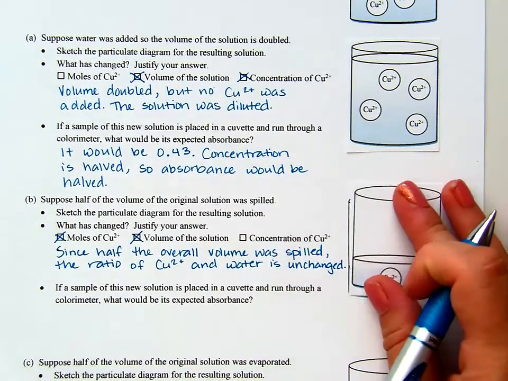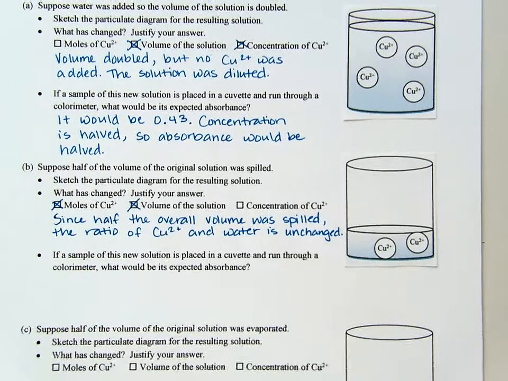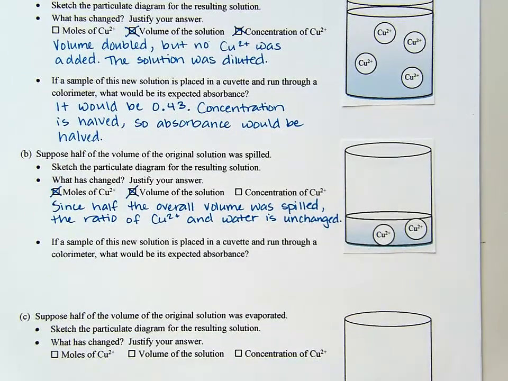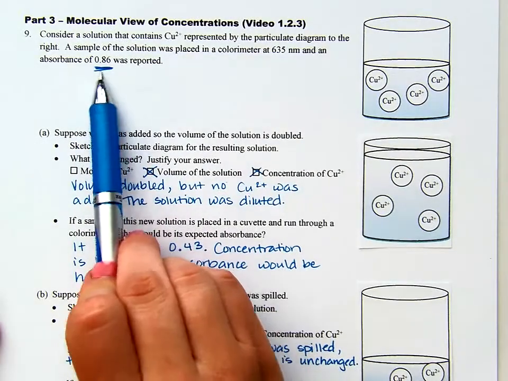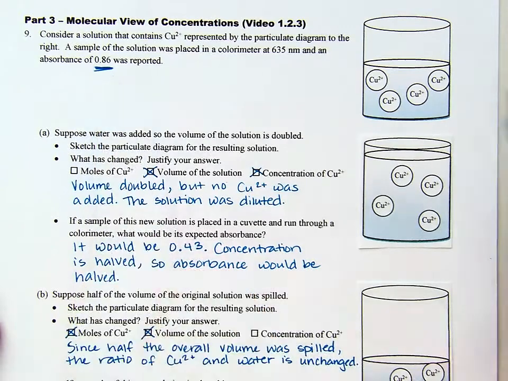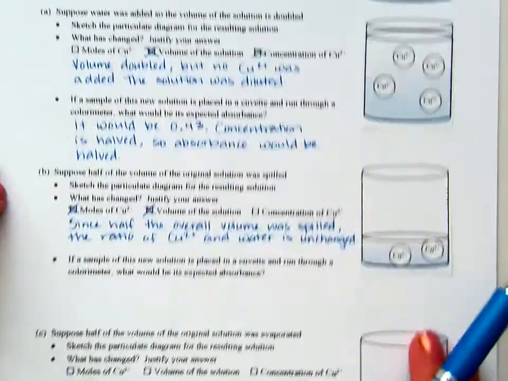Concentration remains the same. If a sample of this new solution is placed in a cuvette and run through a colorimeter, what would be its expected absorbance? So if you run this through a colorimeter and the concentration is the same, it makes sense that our absorbance is going to be the same. And that's definitely true. So you should get a reading of 0.86 because the concentration is the same as the original. Just because you have less, the concentration still isn't changed.